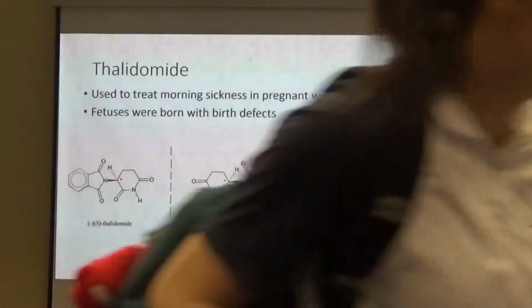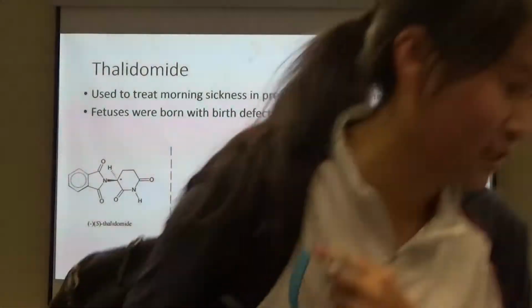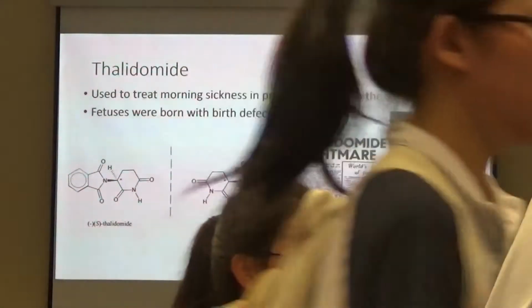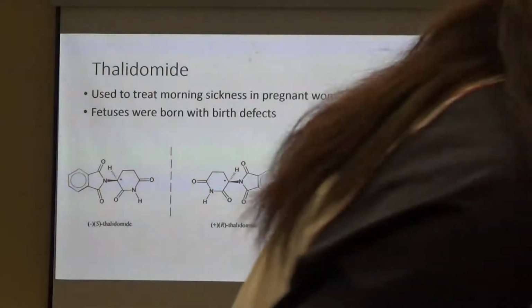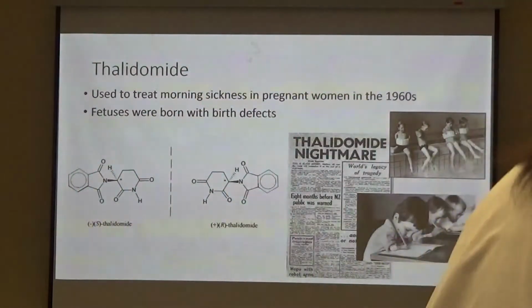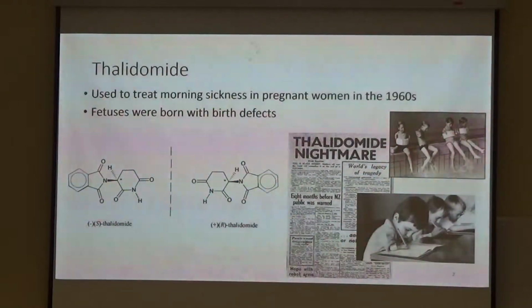So the first one, this medicine, I think you have seen it before where Mr. Ho ended his lecture last week. It actually causes birth defects if you use the wrong one. I think he ended off with showing you a video whereby they found that it's because of the different enantiomer that you are using.